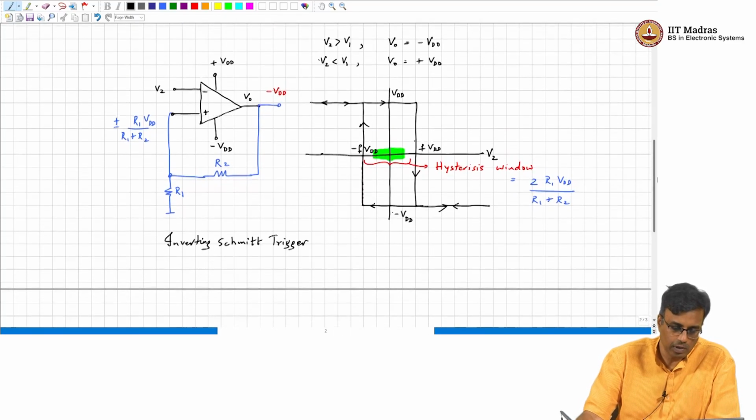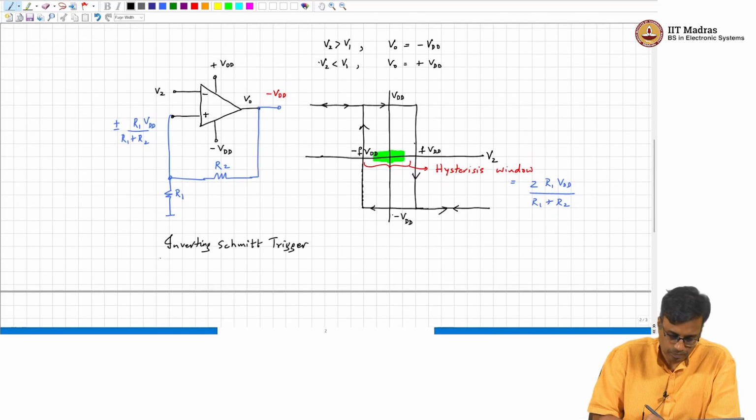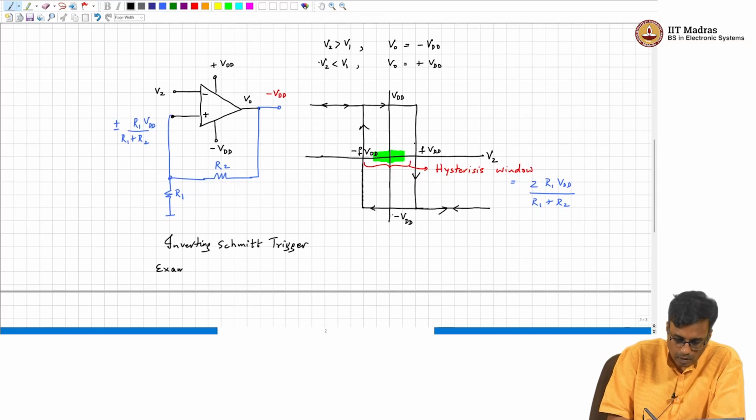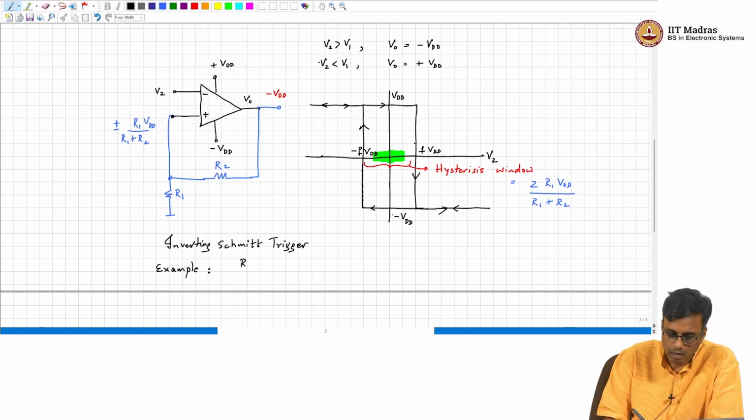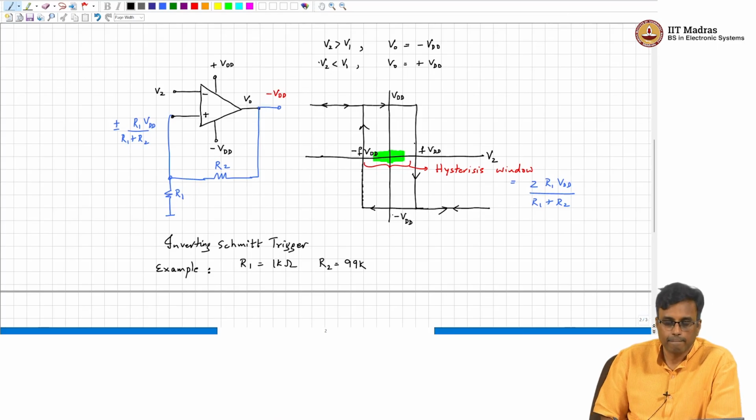Right. So, for example, R1 is say 1K, R2 is 99K, and let us say VDD is 10 volts.